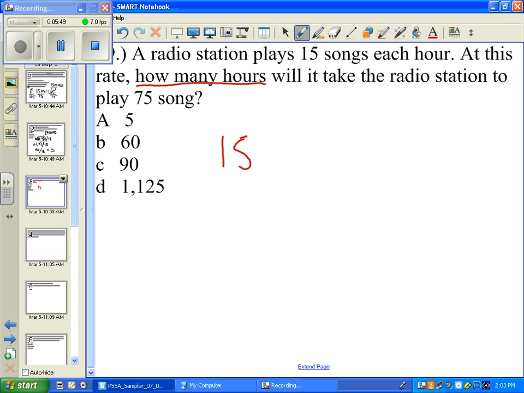Well, we do 15 songs per hour. How many hours will it take to do 75 songs?